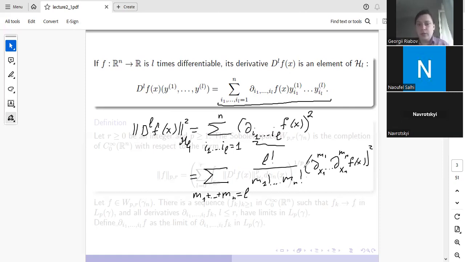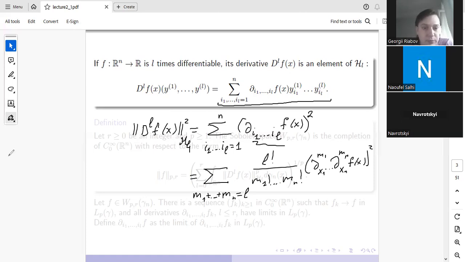So we split all possible combinations i1, ..., iL into combinations where we have a fixed number of ones, which is m1, a fixed number of twos, which is m2, and so on.